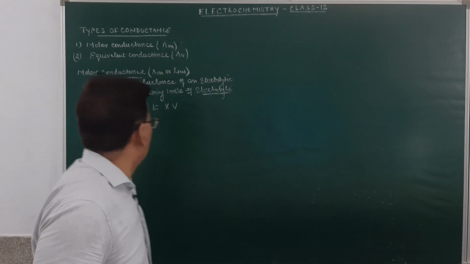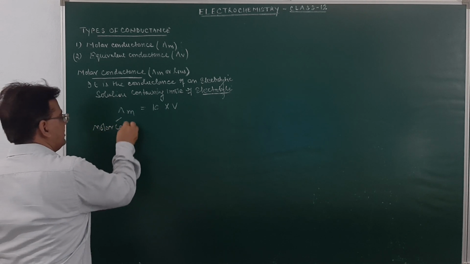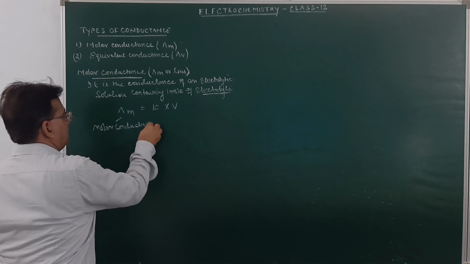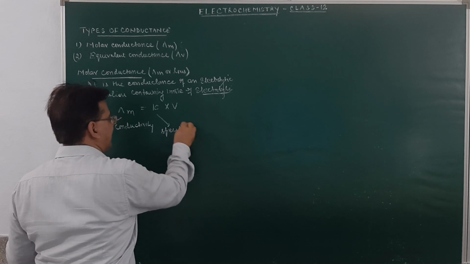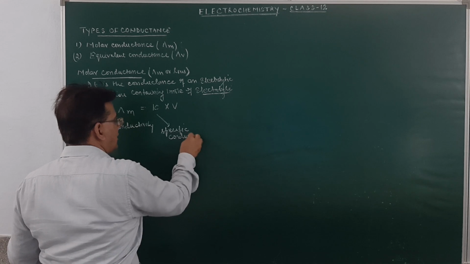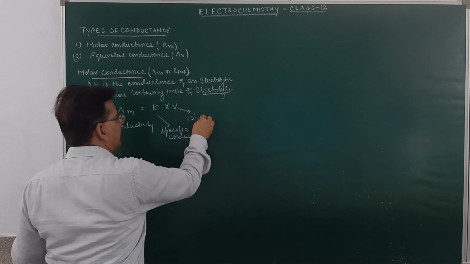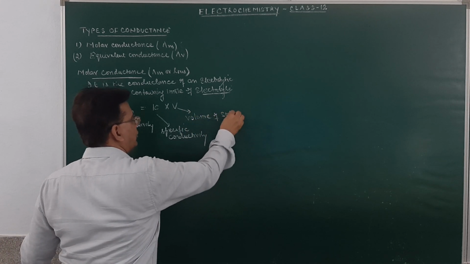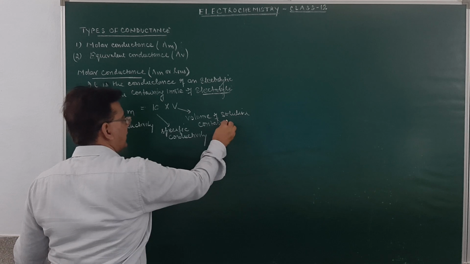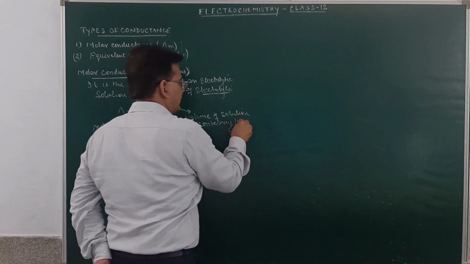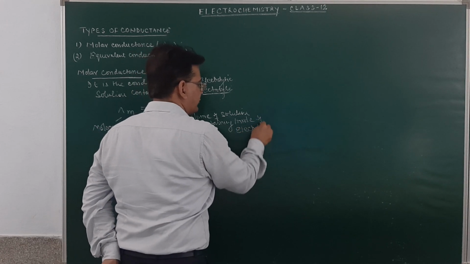So, this is molar conductivity. Kappa will be the specific conductivity, and V over here will be the volume of solution containing 1 mole of electrolyte.